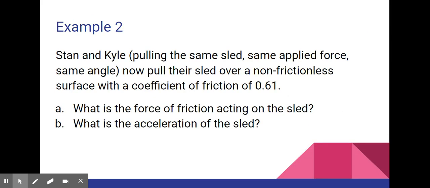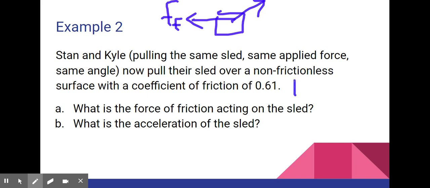So say we have the same sled, but we have a non-frictionless surface. Now, in this case, I'm not going to do the problem for you, but we would have that same applied force, and then we also have a frictional force here. Remember that friction is equal to your coefficient of friction times the normal force. So you have everything that you need to solve this.